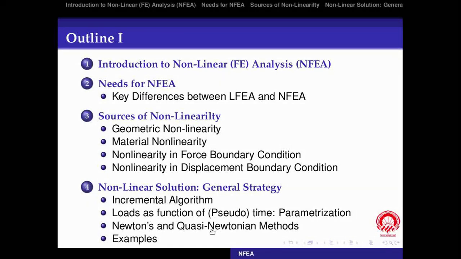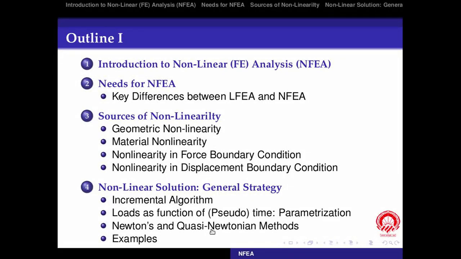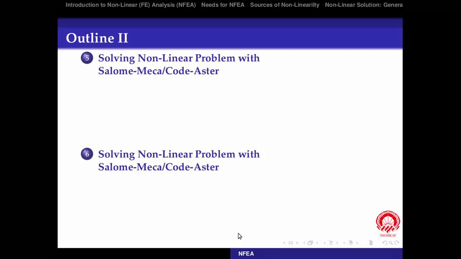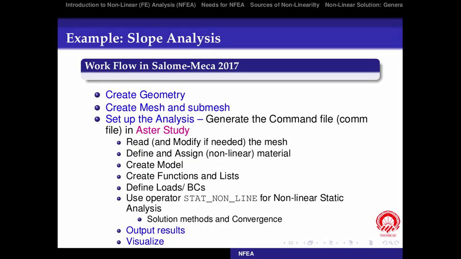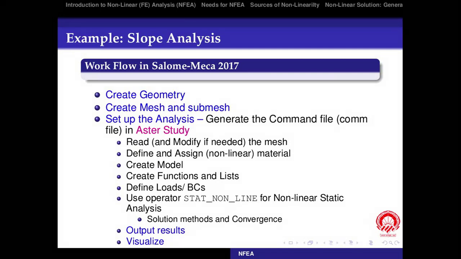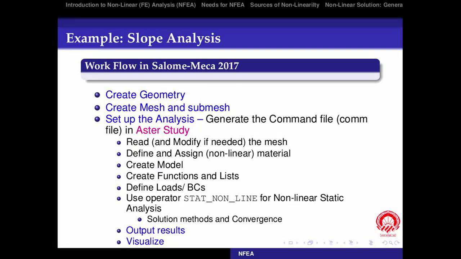In that we have discussed in detail the Newton and modified Newtonian methods. Now our job is to take up an example of using these methods. Before we start, let us see the workflow in Salome-Meca 2017.